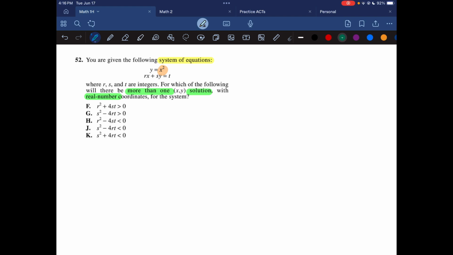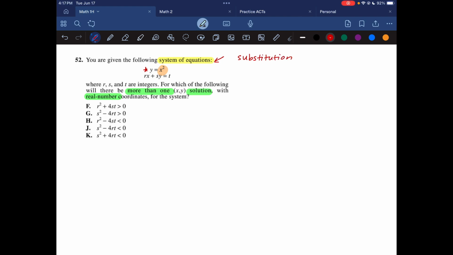So I'm going to start off here with system of equations. System of equations makes me think of substitution and elimination. And in this case, because one of the equations has one of the variables all by itself, I'm going to use substitution.